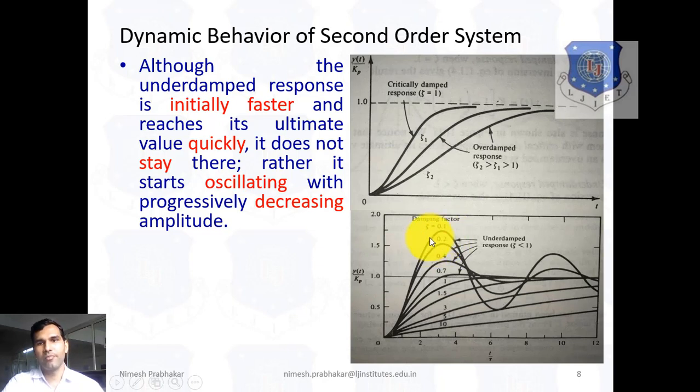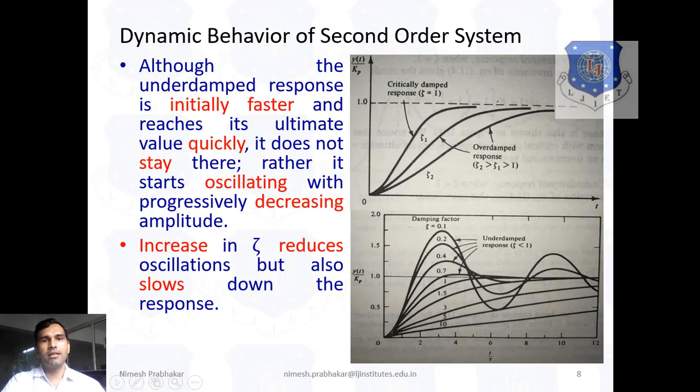We can see here the oscillation. In the overdamped system we cannot see the oscillation. The underdamped response is initially faster and can reach its ultimate value faster, but it starts oscillating. So we can say the underdamped system is an unstable system.